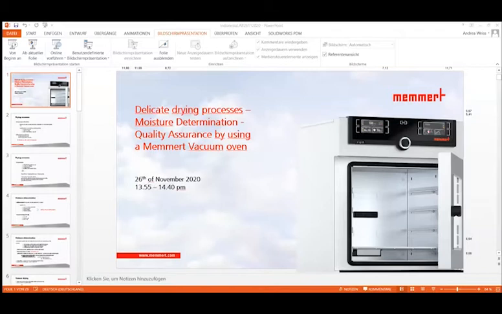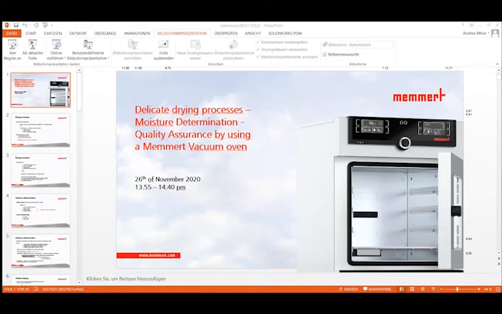Then we have different drying techniques. We have physical drying methods and chemical drying methods. With physical drying methods, air is mostly used to displace the rinse water.